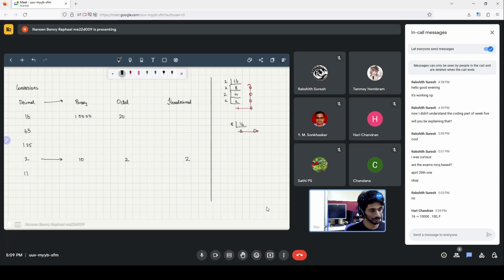For 16 in hexadecimal, we can technically do the same thing. However, for converting between decimal and hexadecimal, I do not recommend this method, because who knows division by 16 by heart. So we get 1, remainder 0, so it's 10.